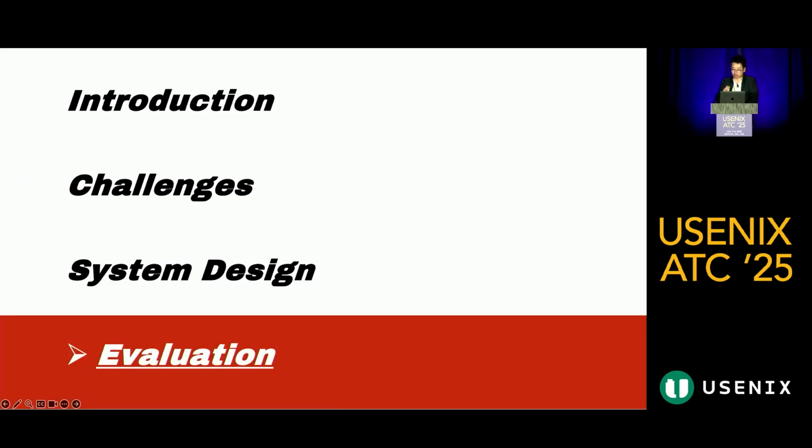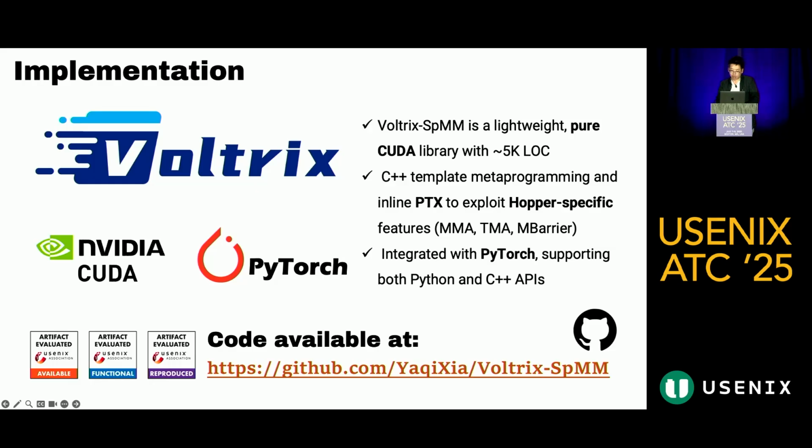And let me walk you through an evaluation of the Voltrix SpMM. Voltrix is a pure CUDA library, about 5,000 lines of code with no third-party dependencies. Specifically, we use inline PTX to access Hopper-specific hardware features, for example, the MMA, TMA, and mbarrier, to get the most out of the architecture.